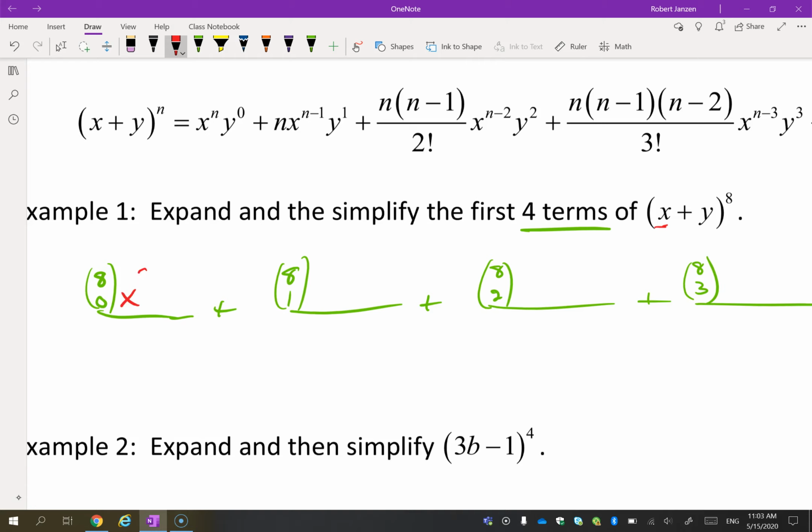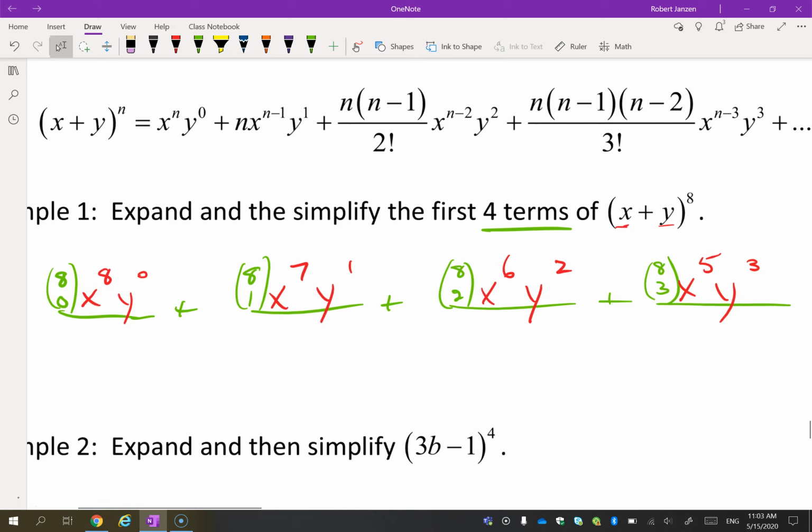You would start with x to the power 8, x to the power 7, x to the power 6, x to the power 5. And then y, you would start with y to the power 0, y to the power 1, y to the power 2, y to the power 3. Okay, notice the powers of x are decreasing, powers of y are increasing. The coefficients are just combinations using 8 as your first number.